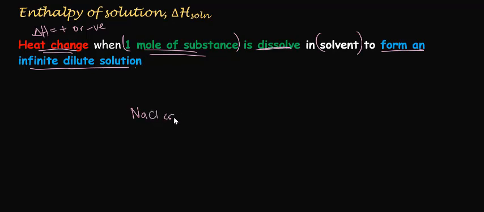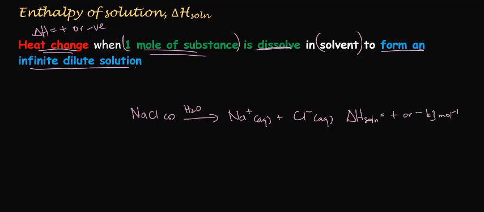When you dissolve sodium chloride in a solvent, let's say water, you will form an infinitely dilute solution, which is Na+ aqueous ion and also Cl- aqueous ion. For the thermochemical equation, just put the value of delta H solution here. Since it is a heat change, it can be positive or negative kilojoule per mole. Remember the substance that must be in 1 mole is the sodium chloride, the substance that we dissolve in solvent.